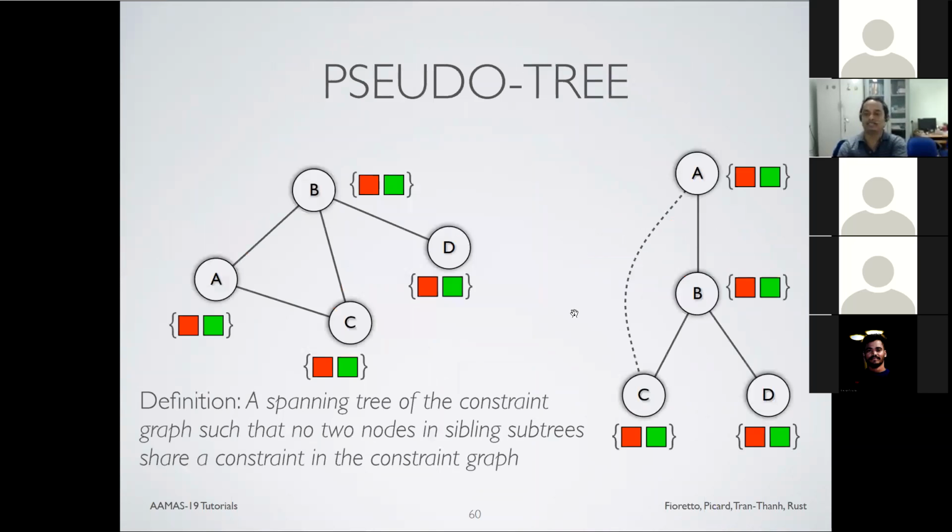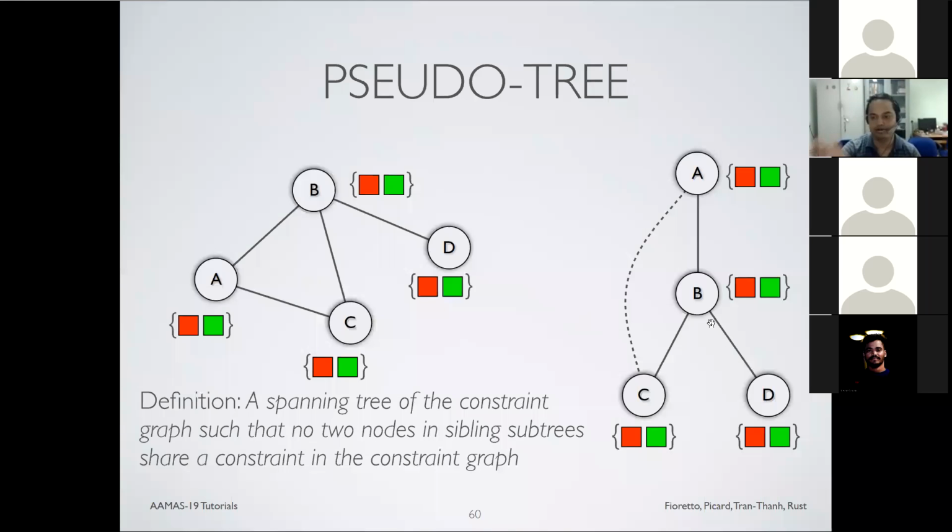For example, take the same graph with nodes A, B, C, D and these arcs. First you take the spanning tree of it. If you draw the spanning tree of this graph, it will look like A, B, then BC and BD.